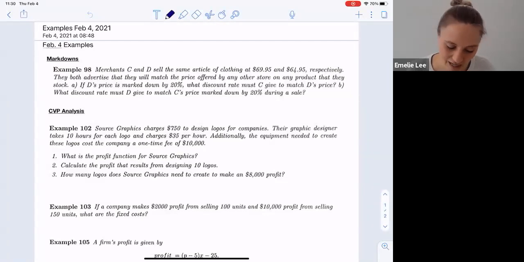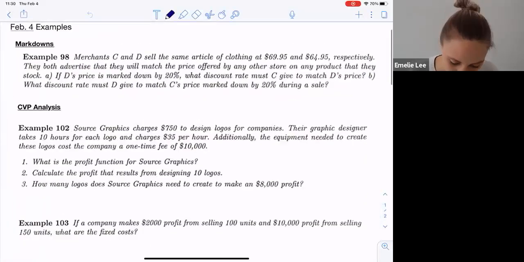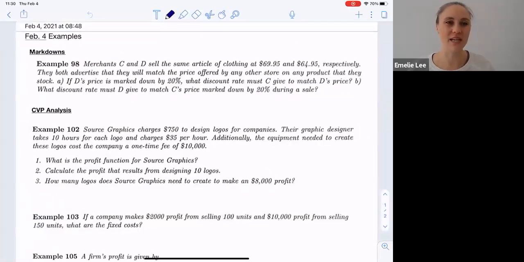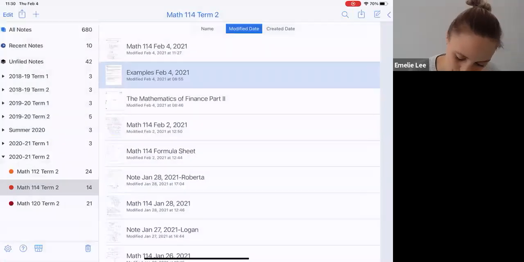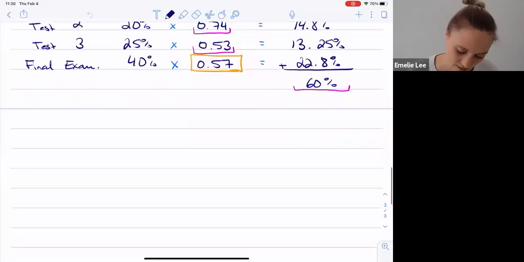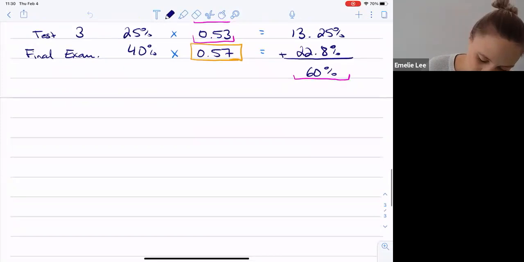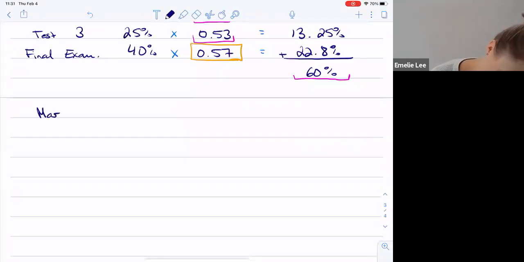I posted those on Moodle, but like I said, I just nabbed them from the textbook. Okay, so markdowns continued.